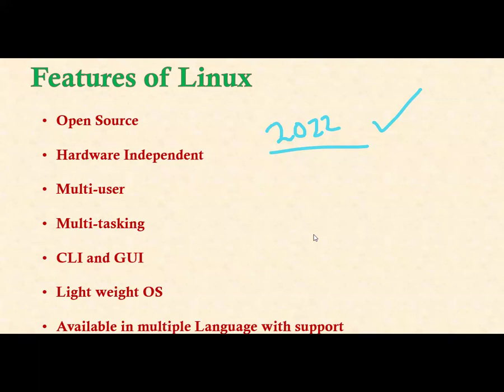In Linux, it is open source. You can design everything on your own. If you want to use the default structure, you can use the default structure. But you know, in most of the big companies, they will make changes in the Linux server according to their requirement. These are the two major differences, my friend. One is you can make changes, and the second one is Linux is free and Windows is not free.